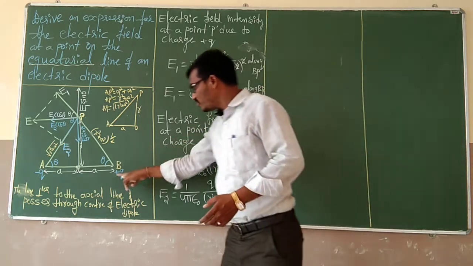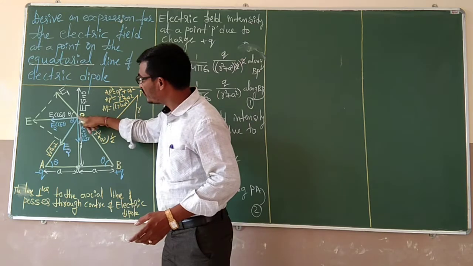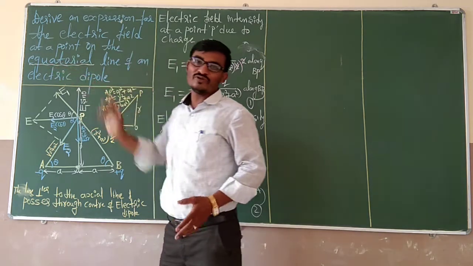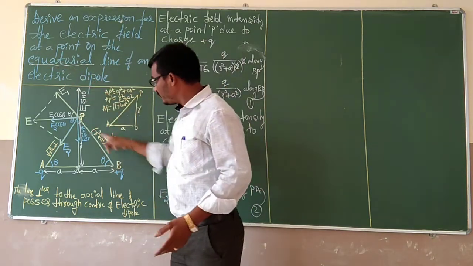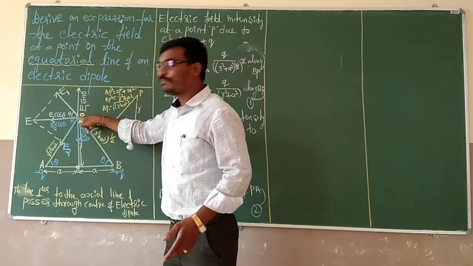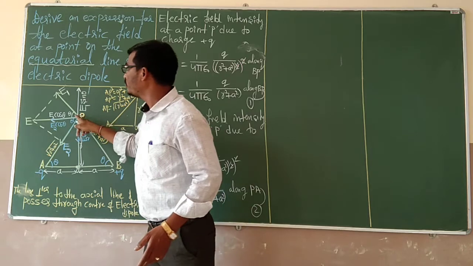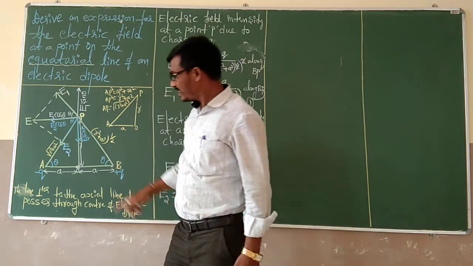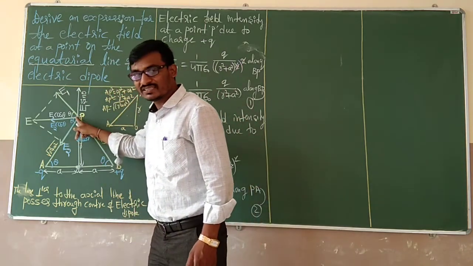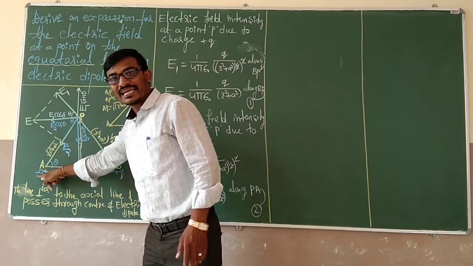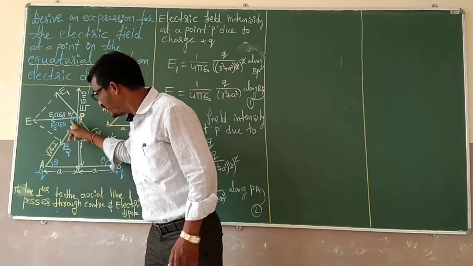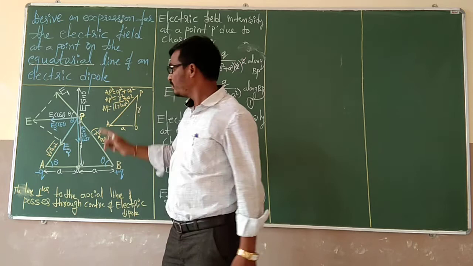If we consider a positive charge, electric field lines always move radially outward. Or we can choose a unit positive charge which is kept at point P. For a positive charge, electric field lines move radially outward. But here this is a unit positive charge and this is the negative charge. Electric field lines are moving towards the negative charge. That is why I have chosen it here.